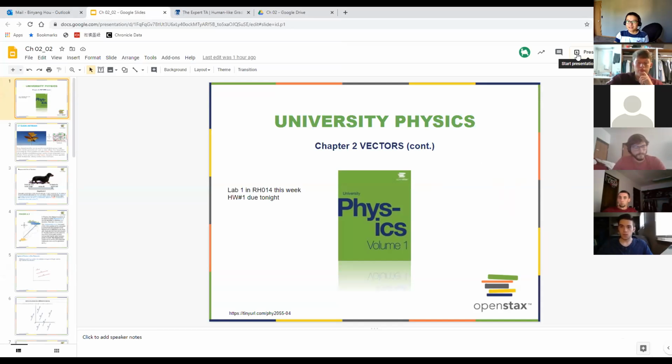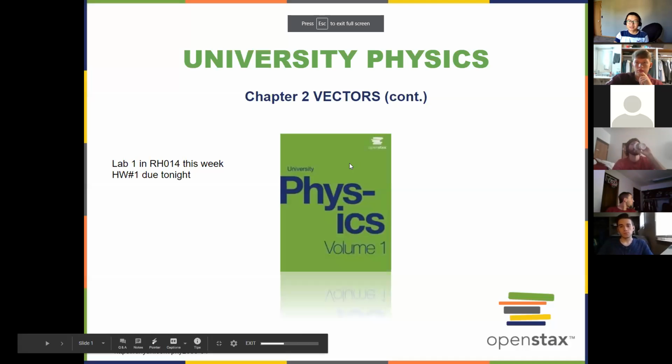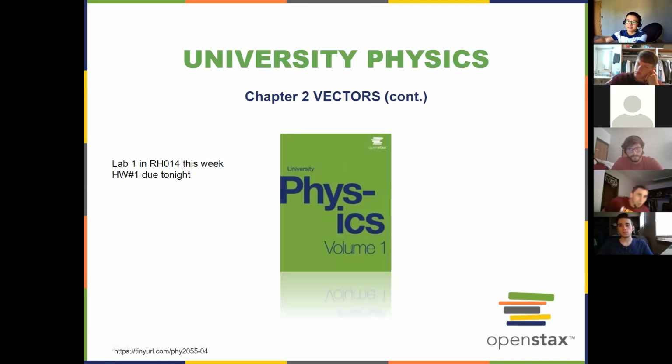A couple of reminders here. Starting this week, you guys will have labs. Lab 1 this week is basic measurement and the uncertainty stuff. You will be measuring a few different objects today, and some of you on Thursday, and also some volume and mass measurement for water.